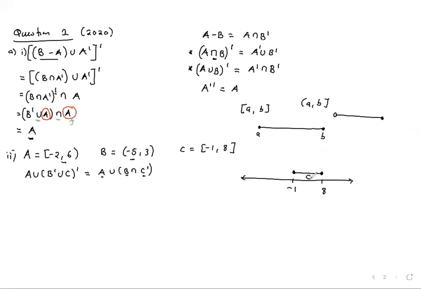C complement means what is not in C. So outside C, you won't find 8 because 8 is in C. So going this side, meaning to infinity. Again, outside C, you cannot find -1. Going this side. Okay, so this is C complement.